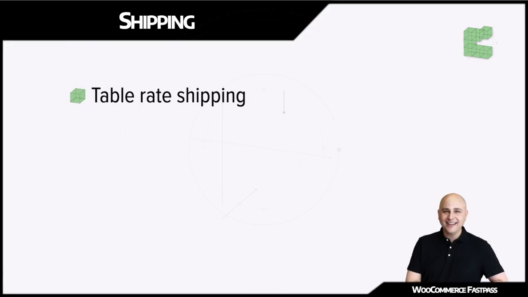Or if you want to charge accurate shipping based upon what you're going to actually have to pay for the shipping and then pass that off to the purchaser of the products, you're going to need to learn about table rate shipping. And this is the same thing where you create complex rules to make sure you're charging the right amount everywhere you would ship to, based upon the carrier that you're using for shipping.